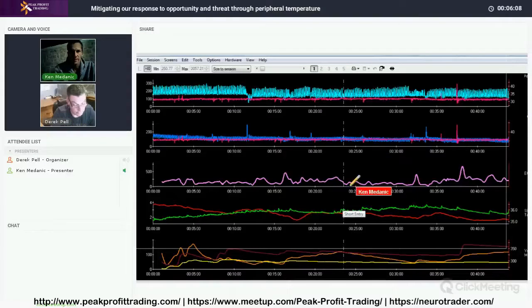This is a quick and short example of how you can know what sort of a trade you're in simply by the way that your temperature is responding. So if you're second guessing yourself, if temperature is behaving this way and if your heart rate is erratic, it's telling you that you've gone into an absolutely threatening environment.